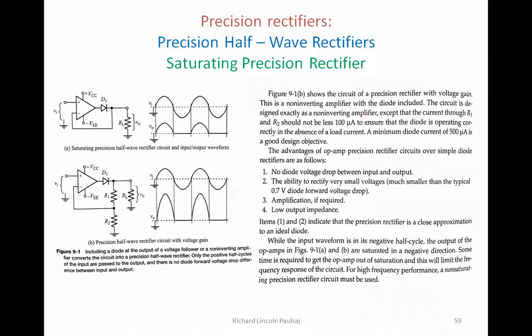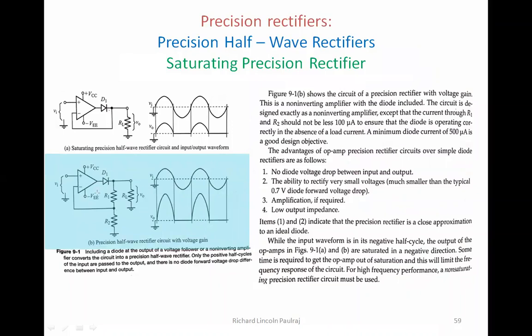Next, we will look at figure B and see what exactly we are going to learn from it. There are small changes in this figure. The diode remains the same. We have the same op-amp connected to plus VCC and minus VCC, VI is given here, the diode is there, and RL is also there.